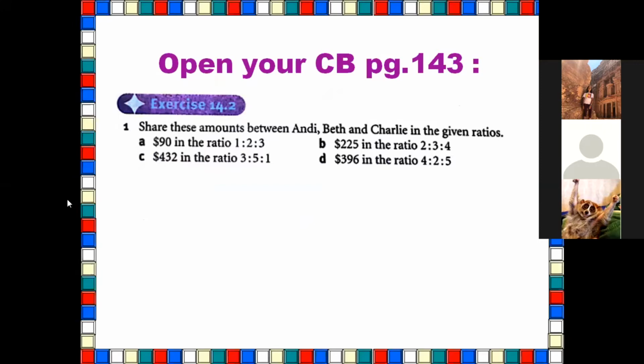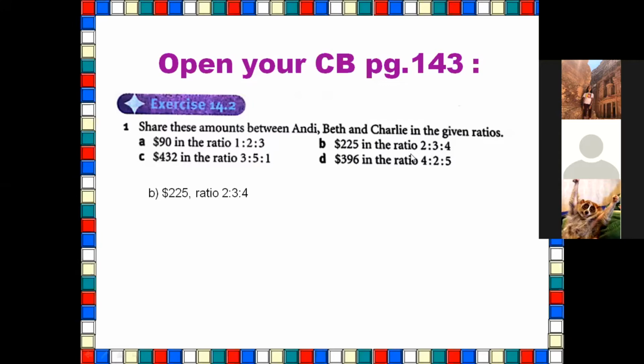Now, share these amounts between Andy, Beth, and Charlie in the given ratio. I'm just going to do part B. Part B, we need to share $225. The ratio is 2 to 3 to 4. So as you see, we have the quantity and we have the ratio.